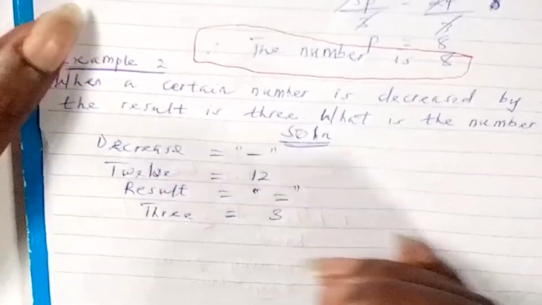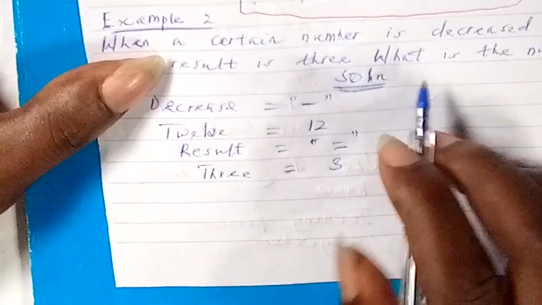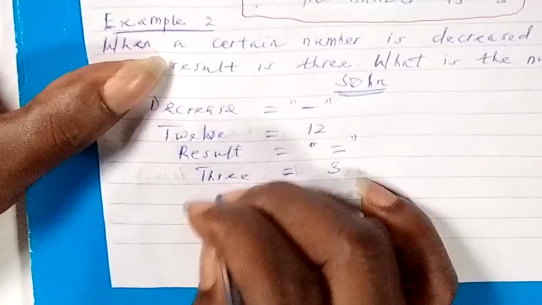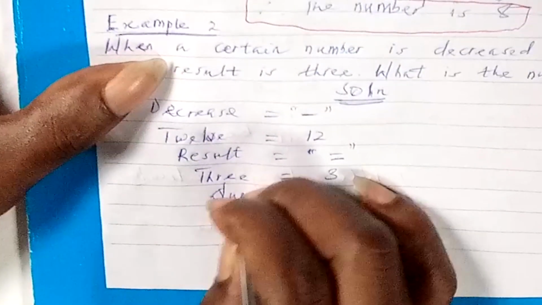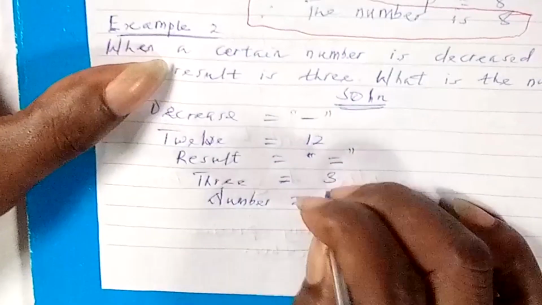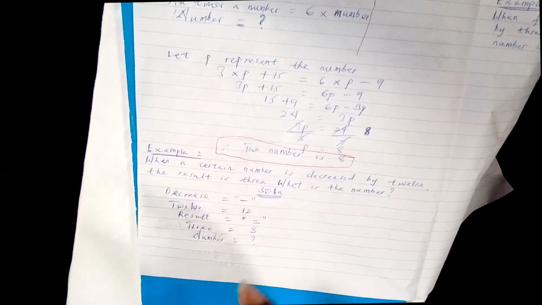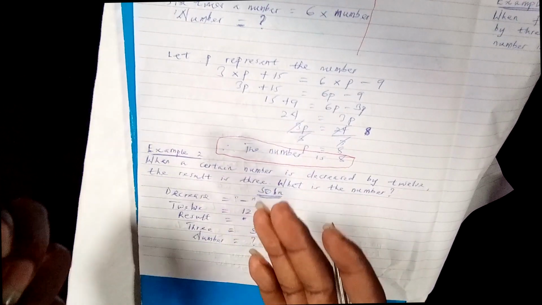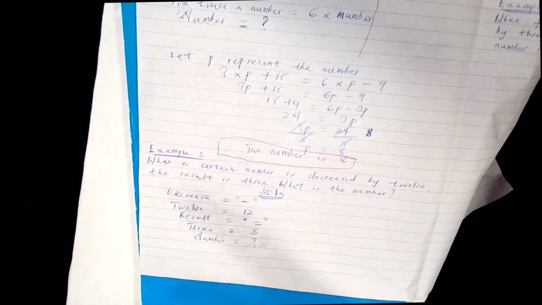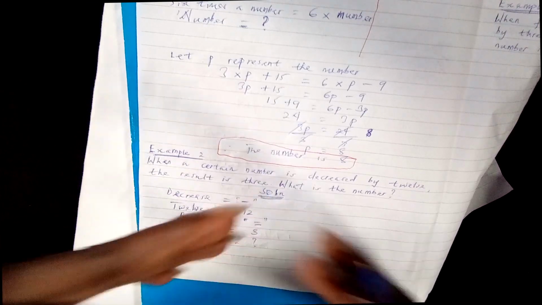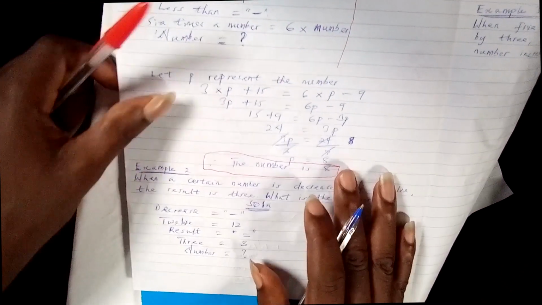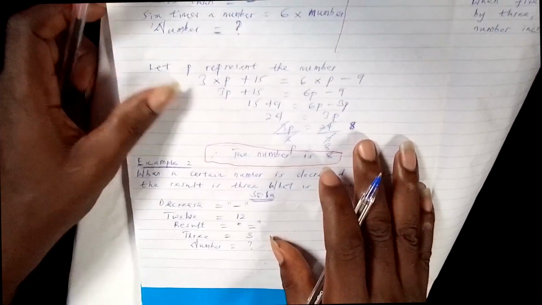Now then the final one is, what is the number? For the number, we don't know the number. So this is what we know already. That is the first phase of the strategy. The second phase is that we have to join the pieces together.